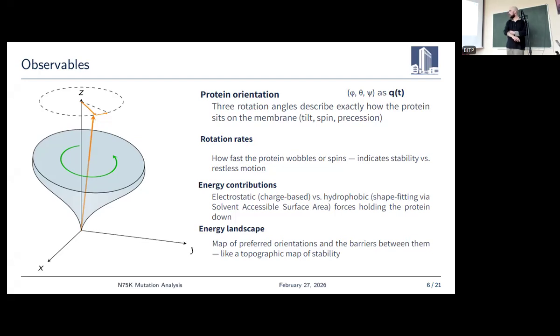About energy contributions, I've tried to do some decomposition on electrostatic and non-polar hydrophobic. I don't know why it's called hydrophobic on the slide. Non-polar interactions of this protein are represented by solvent accessible surface area.